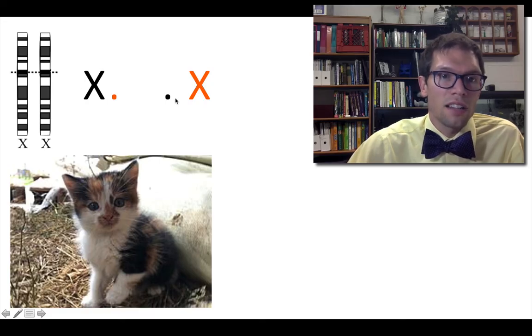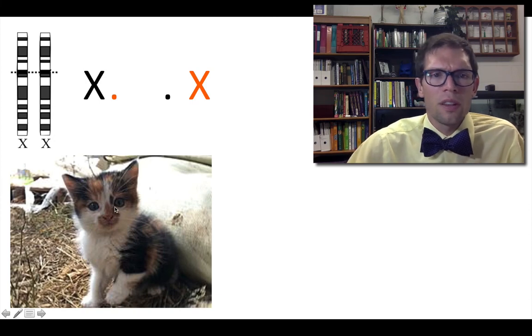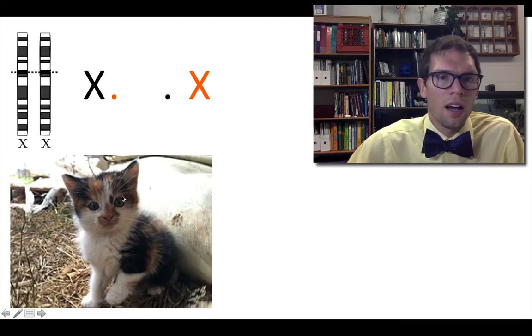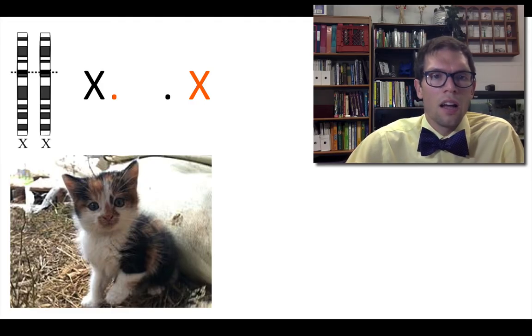And other cells early on in development would have had the black X instead of the orange X deactivated, and so would have these orange spots on them. And so they ended up with these two different colors on their fur, because all the cells subsequent from that would develop into a cell that was only expressing that chromosome.